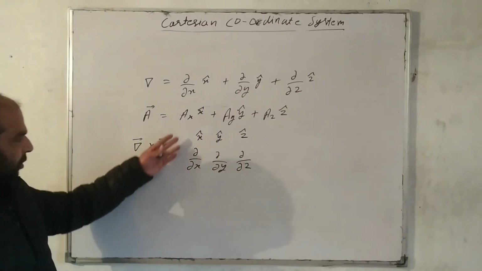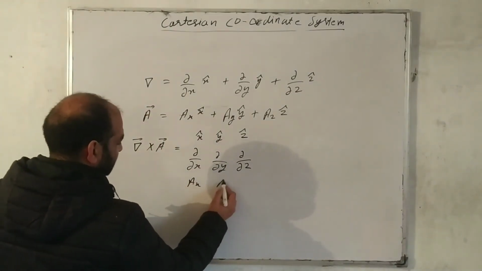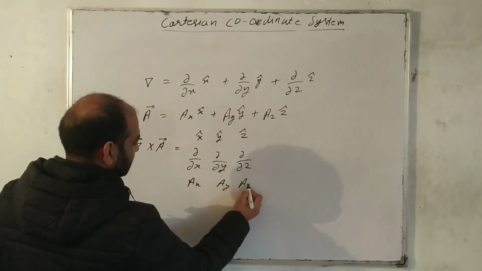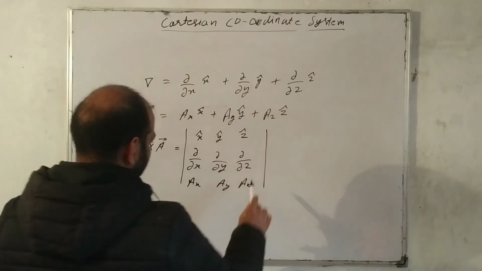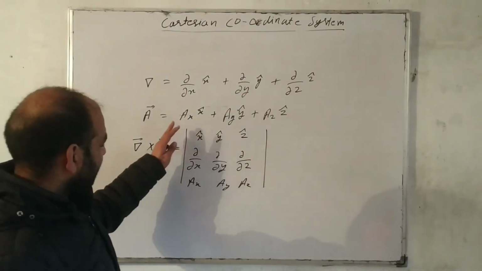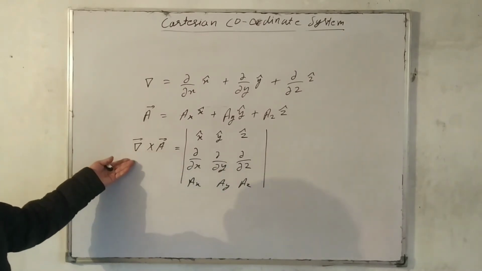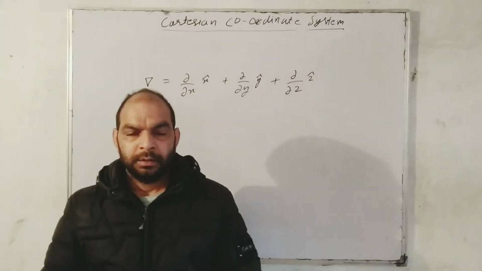Then write the corresponding components of the vector: Ax, Ay, Az. So now it is a matrix, and we can calculate the curl of any vector. It is easy to calculate.